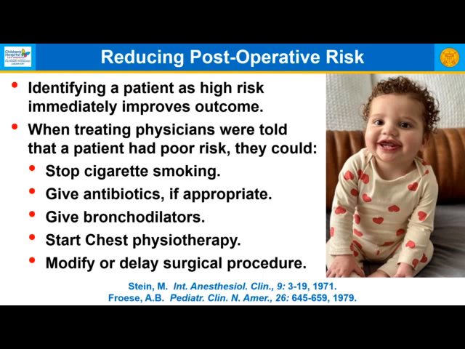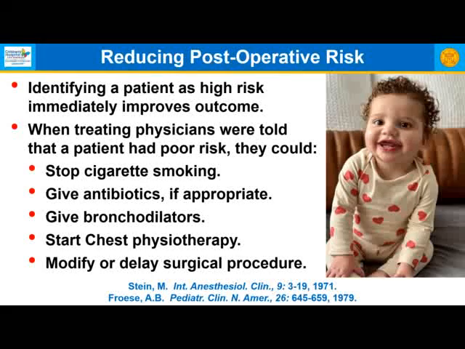So identifying a patient at high risk immediately improves outcome. When treating physicians were told that a patient had poor risk, they could stop cigarette smoking, for example, give antibiotics if appropriate, give bronchodilators, start chest physiotherapy, modify or delay the surgical procedure. So these are things that one could do.